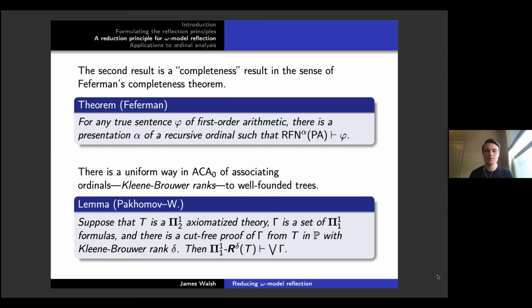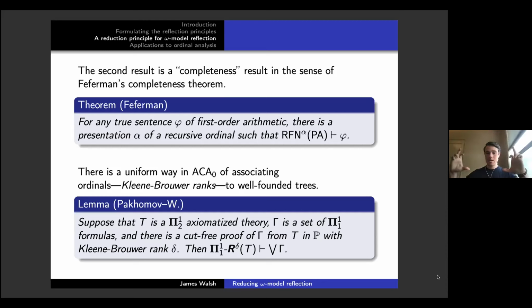So let me explain at a more intuitive level what this lemma is saying. Pick T and gamma of appropriate complexity. Now suppose that we have a proof in our system. It's a well-founded tree. The axioms are from T, and the conclusion is gamma. So we were able to prove gamma from T by using this proof system, which has the omega rule in it.